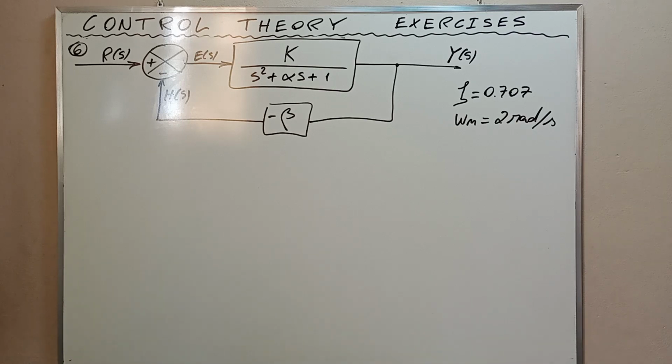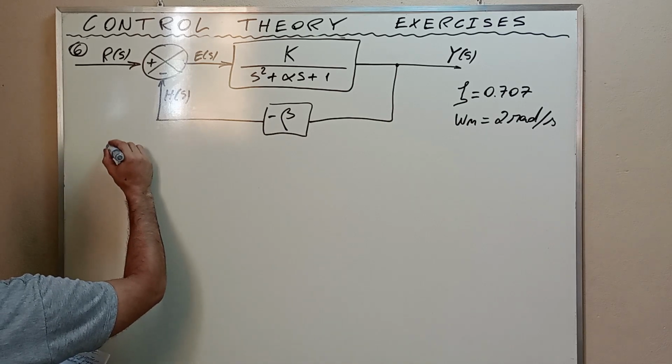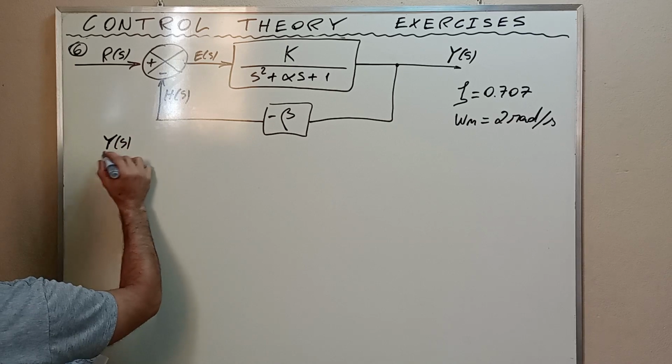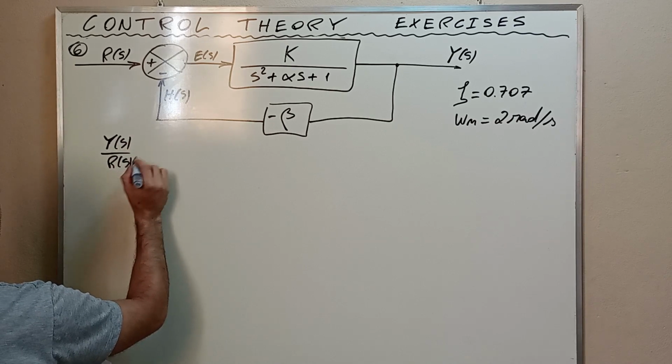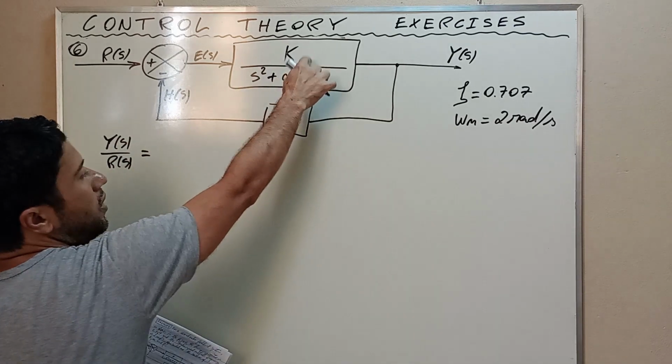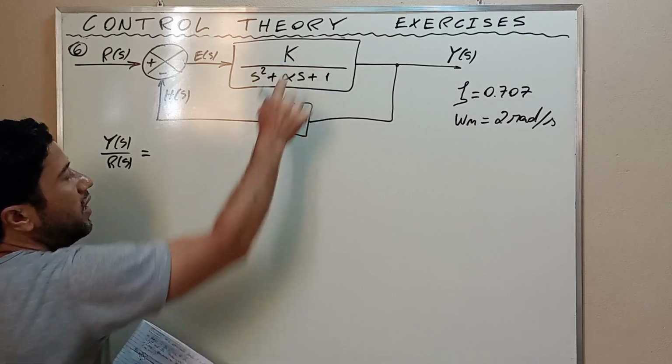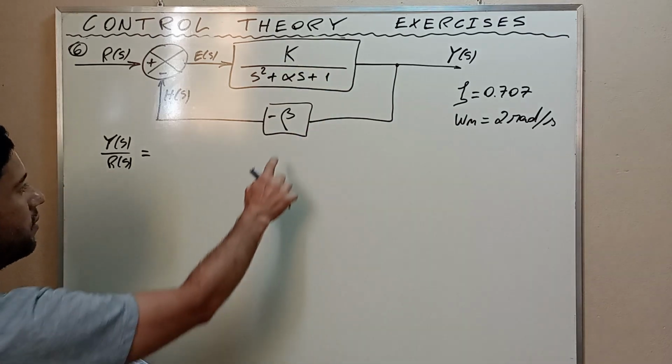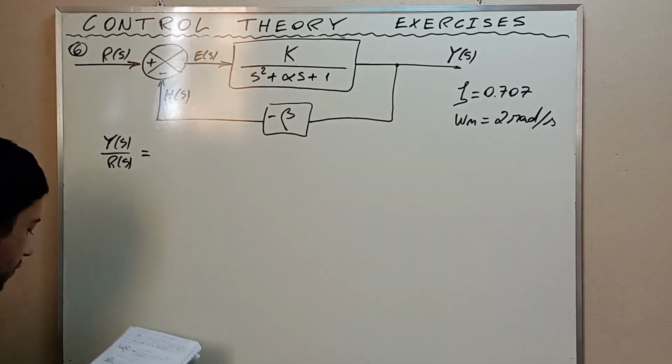Observe that the closed loop transfer function of the system is Y of s over R of s equal to G of s over 1 plus G of s times H of s. Here this is G of s, and this here is H of s.